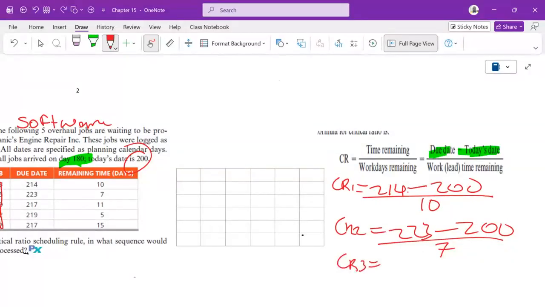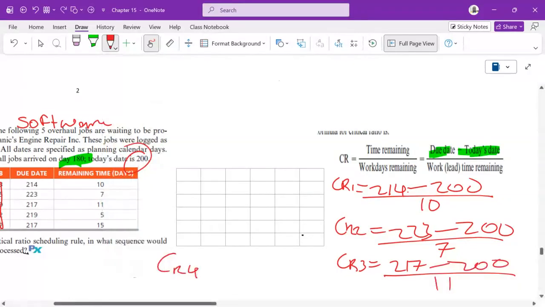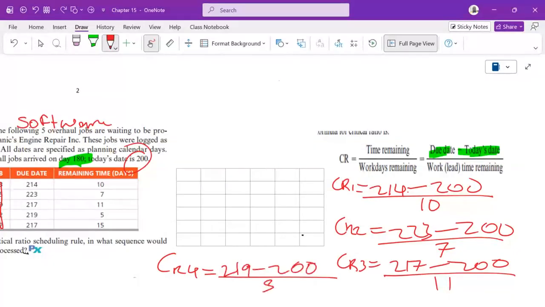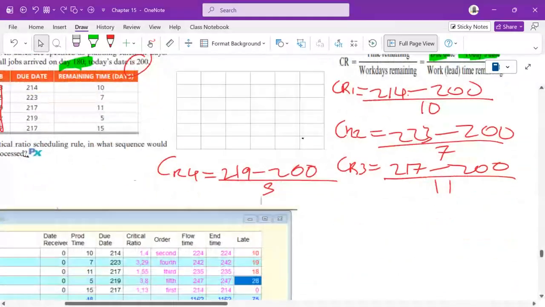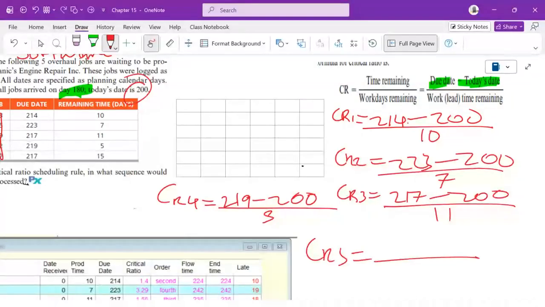CR3 equals 217 minus 200 over 11. CR4 equals 19 minus 200 over 5. Then CR5 equals 217 minus 200 over 15.